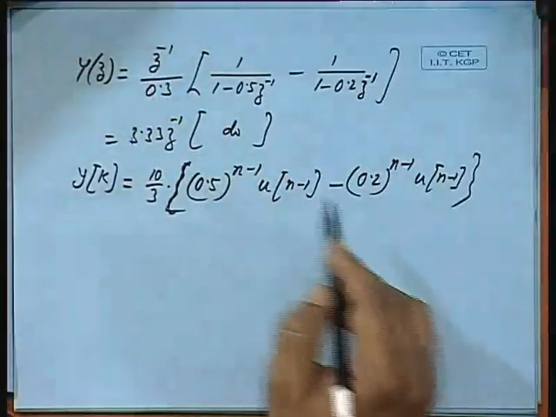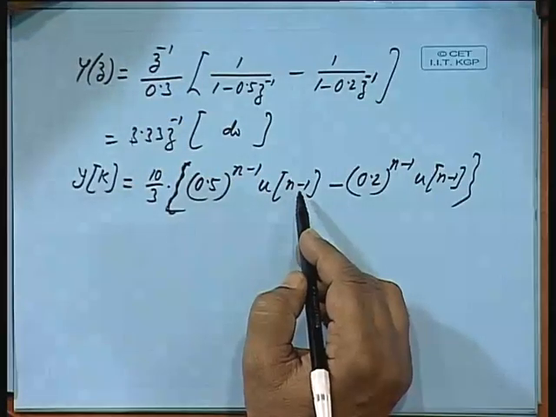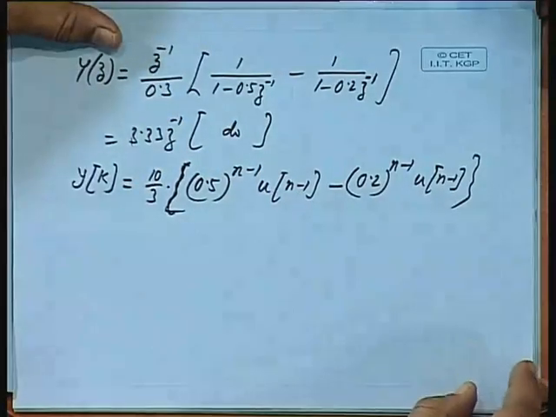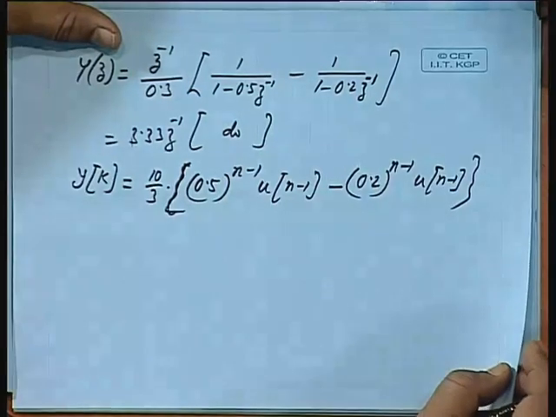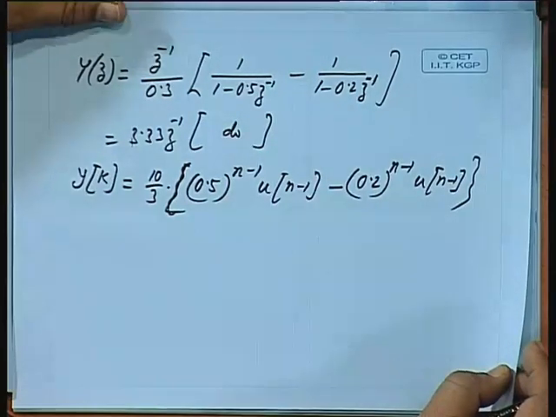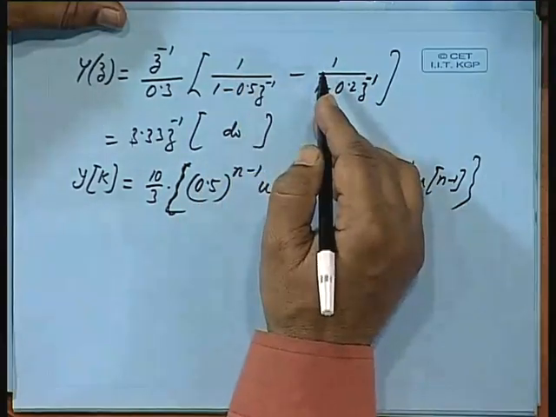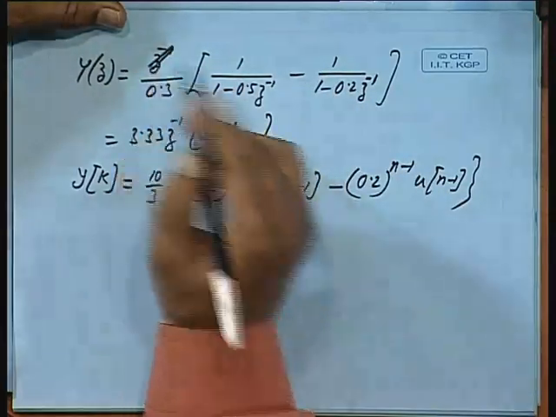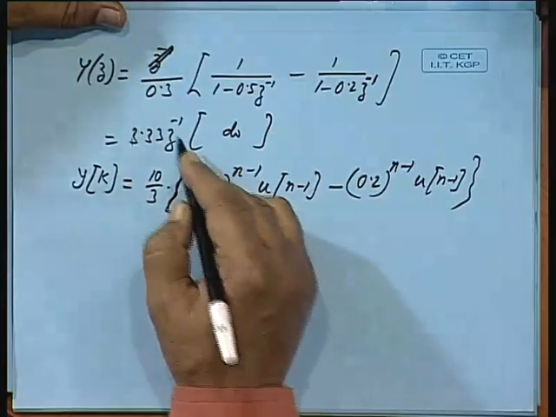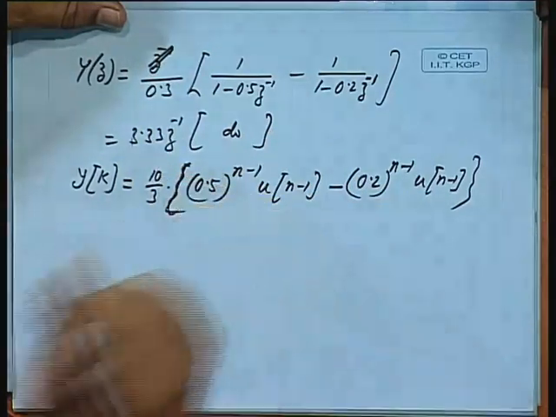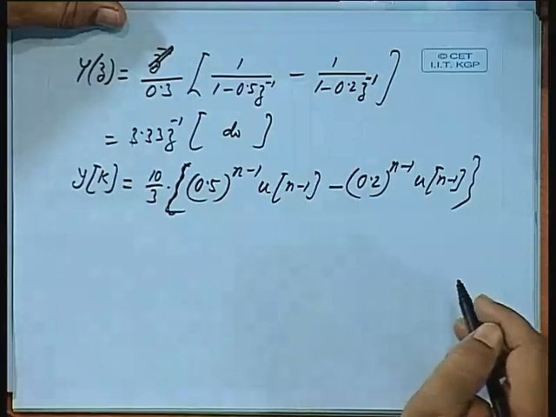Yes, please. Z inverse will come as n minus 1. Partial fractions, one will get cancelled. There is a Z inverse already coming in. So, this will not be there. So, thank you very much. So, I need not have a Z inverse.